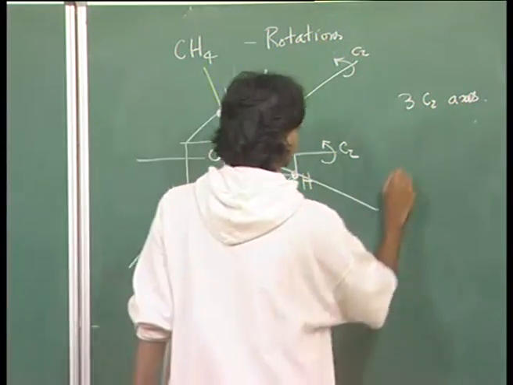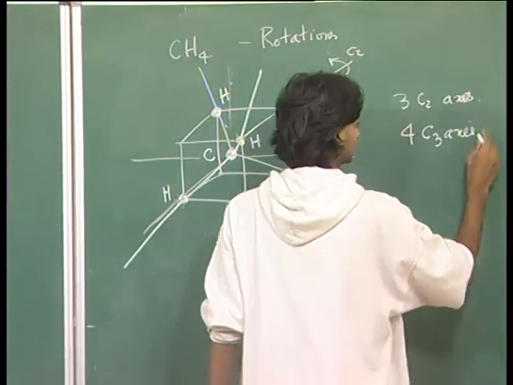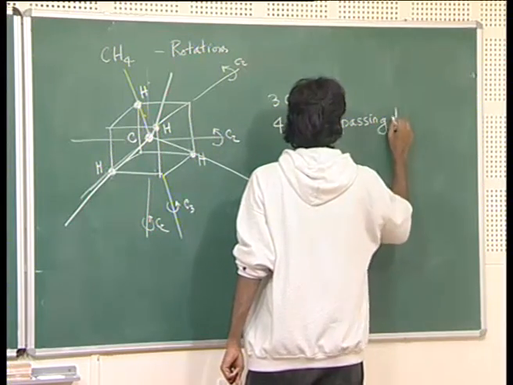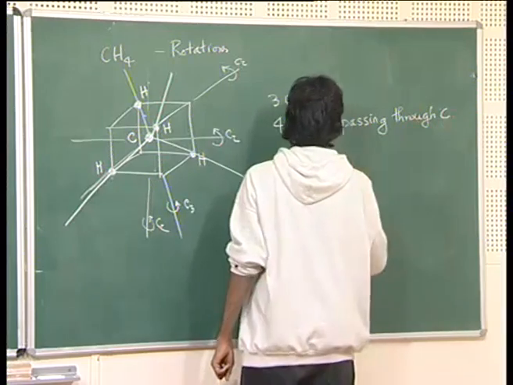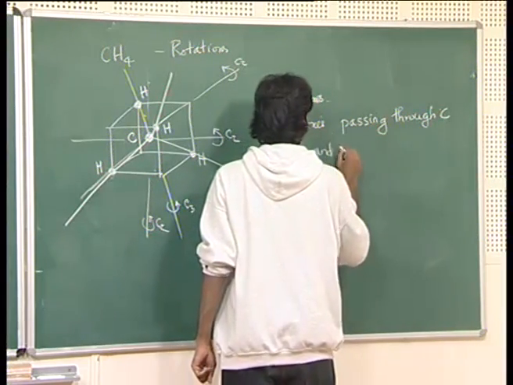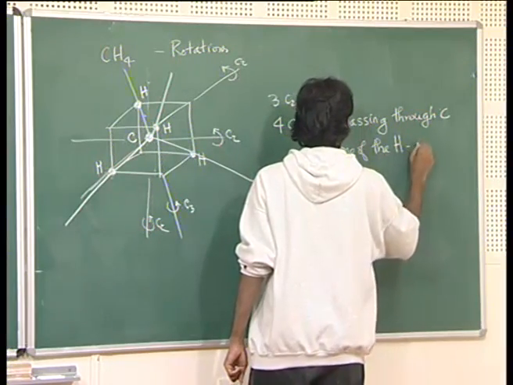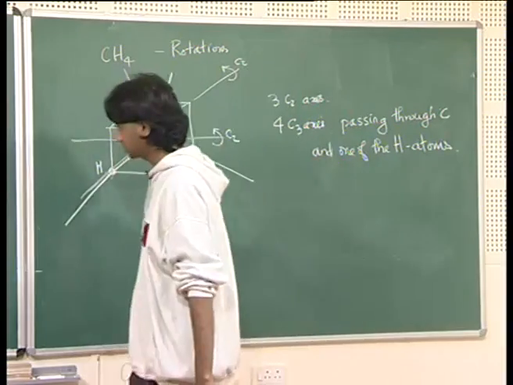So you have 4 C3 axes passing through C and one of the H atoms. Okay.